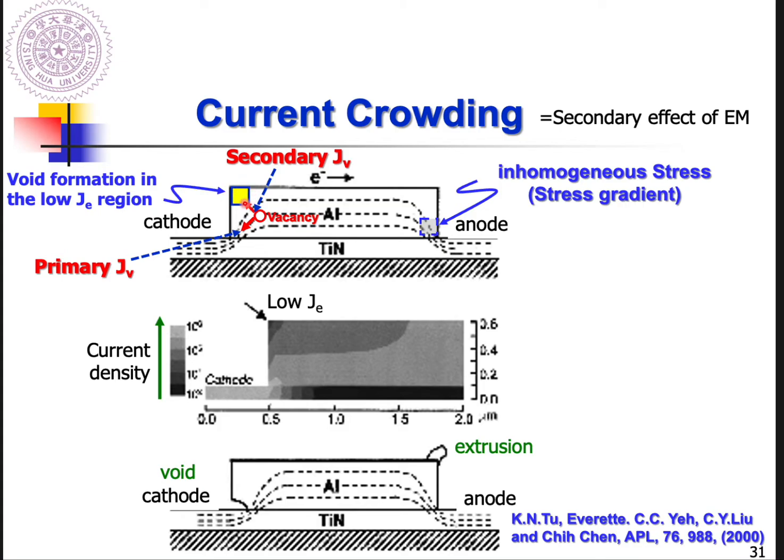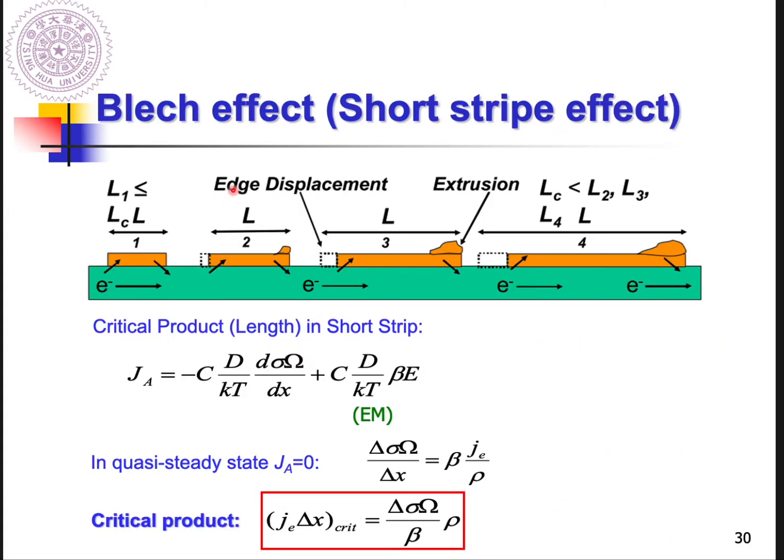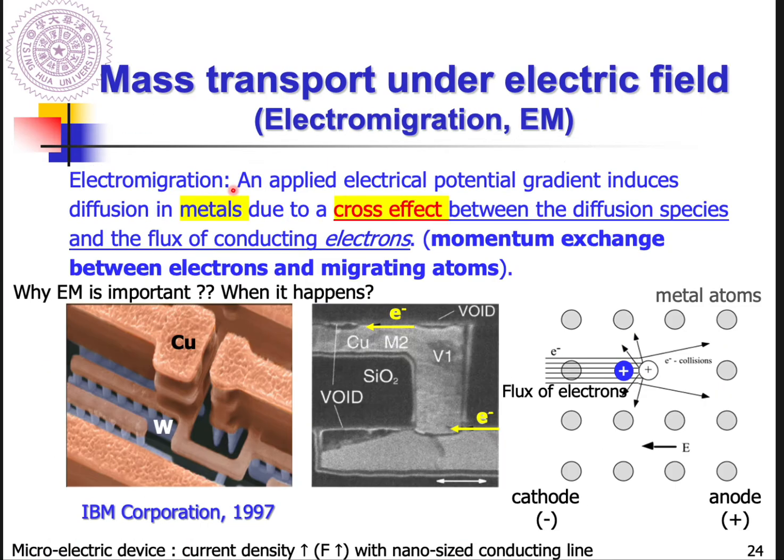So people are going to observe some void formation at the region with low current density. Actually, in the previous slide, we also observed this phenomenon. Here, for example, we point out the direction of electron flow, and you observe some voids form along the path of the electron flow, right?